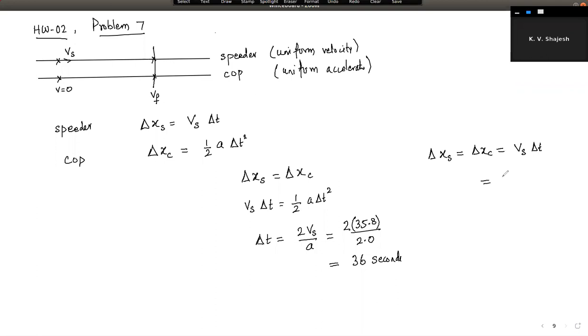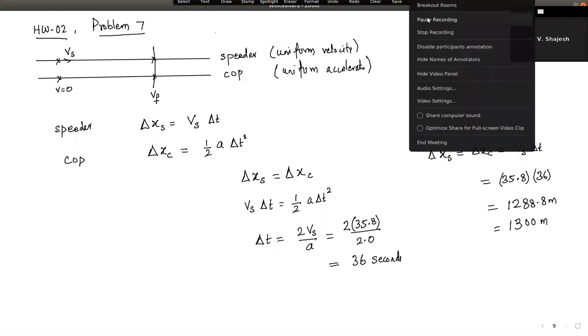That's equal to 35.8 times 36 seconds, which is 1288.8 meters. But again, we should keep only two sig digits, so we round it off to 1,300 meters. And that's the distance the cop travels in that particular time.